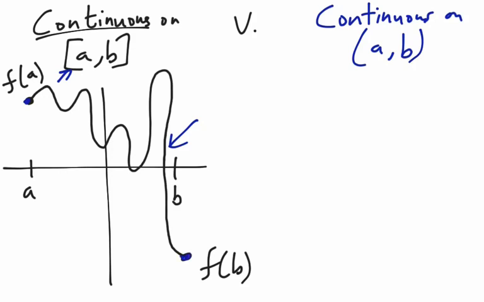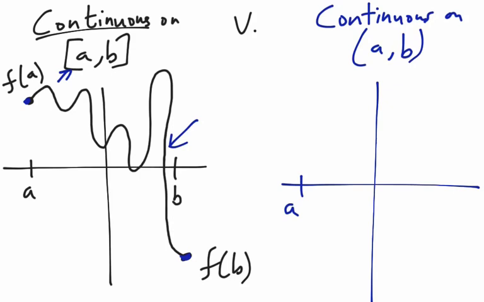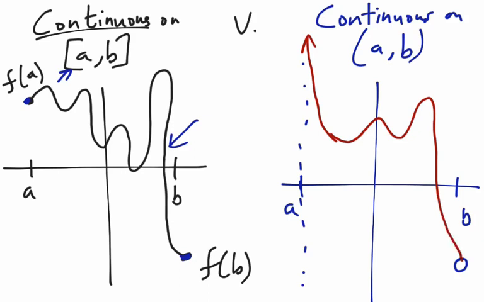But yeah, you get the idea that continuity on a closed interval has to have endpoints, is the big idea here. Versus continuous on an open interval. And for an open interval, you can have two things that don't have endpoints. The first is that you could have a vertical asymptote, and the second is a hole. So you could have any combination of asymptote, asymptote, hole, asymptote, etc. And now the function could do something strange, like go up to positive infinity, and then sort of wobble around, and then come to this hole.